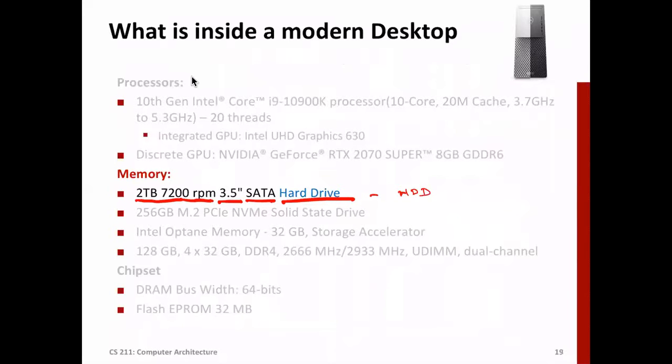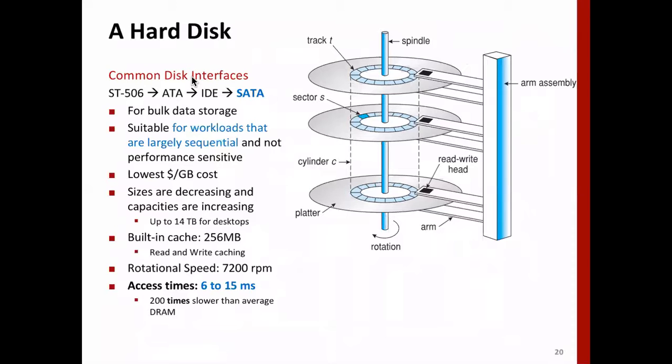Of course, my laptop, which is 7 years old, does not have an HDD, because Apple Mac machines are usually advanced, and with an HDD the weight also goes up. But in general most desktops have a hard disk drive. It is a mechanical device as shown here.